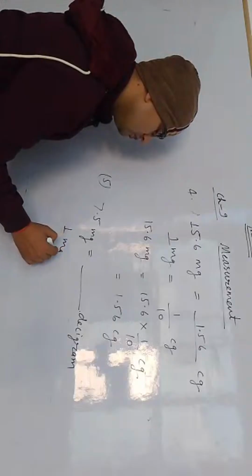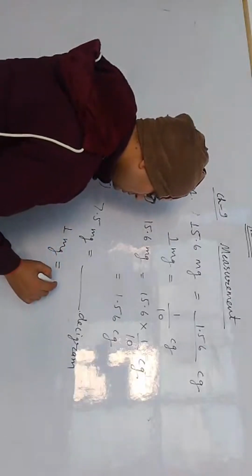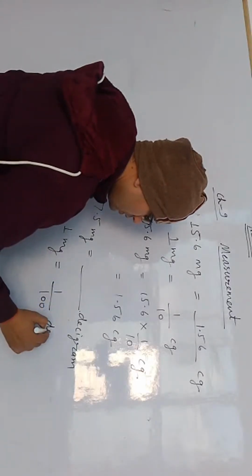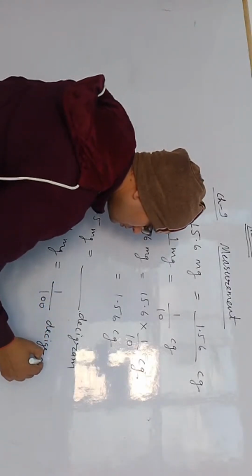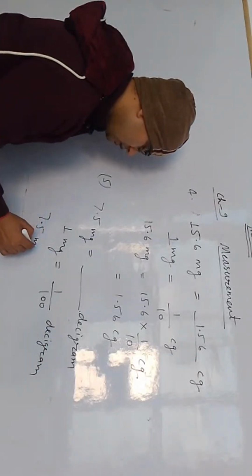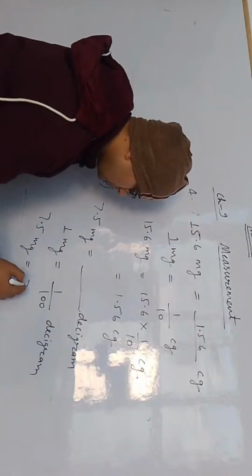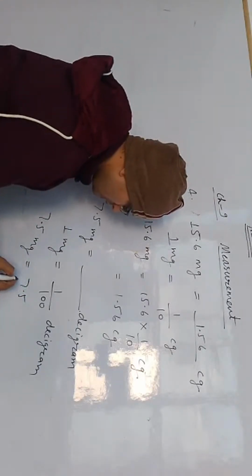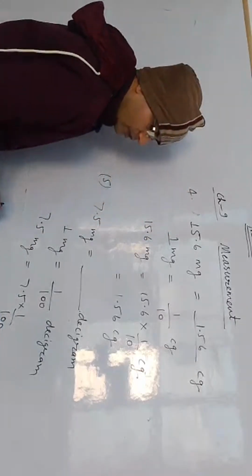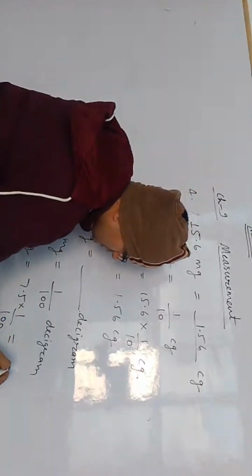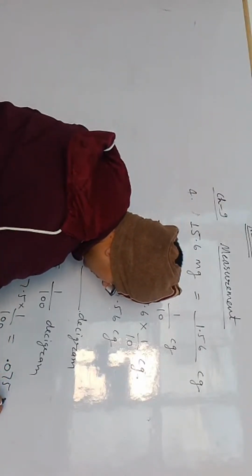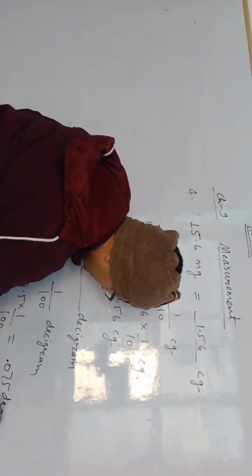One milligram is equal to 1/100 decigram. Then 7.5 milligram is equal to 7.5 multiplied by 1/100. Answer will be 0.075 decigram.